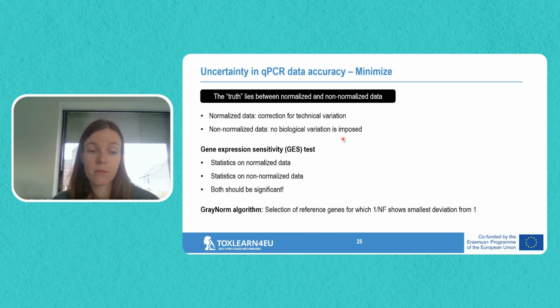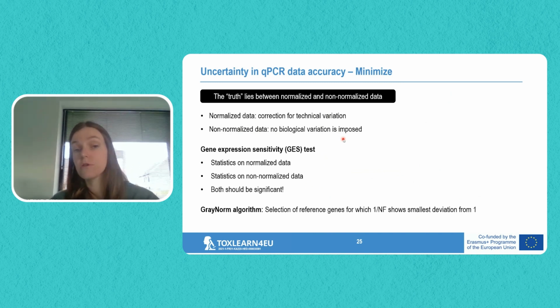difference. And what the GrayNorm algorithm will do is it will select the reference genes for which the ratio of 1 over the normalization factor shows the smallest deviation from 1.